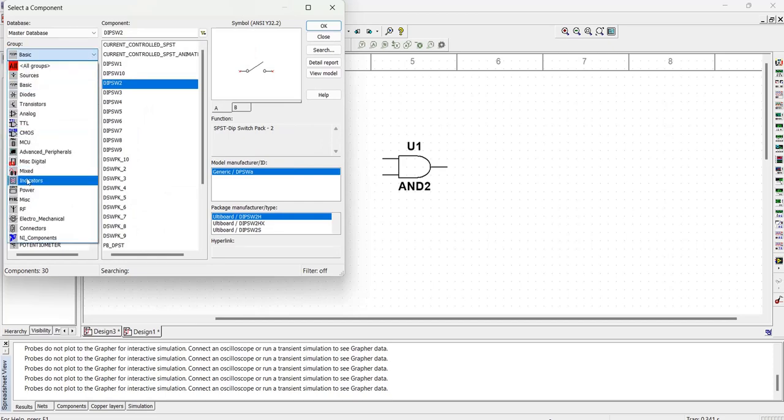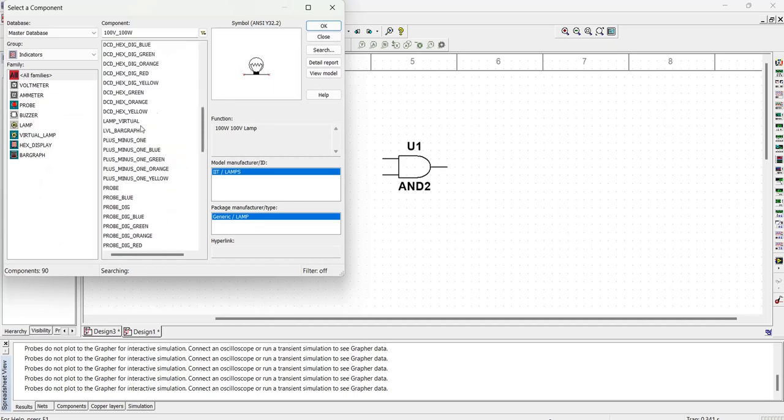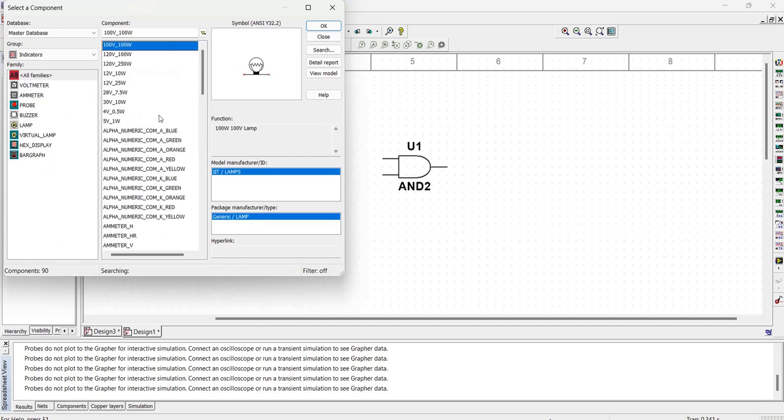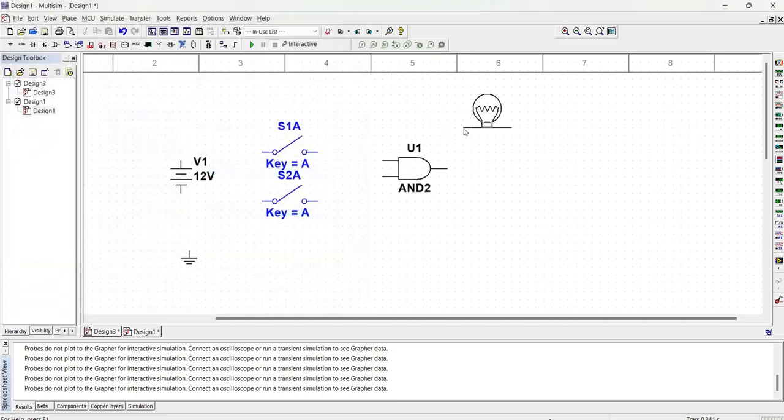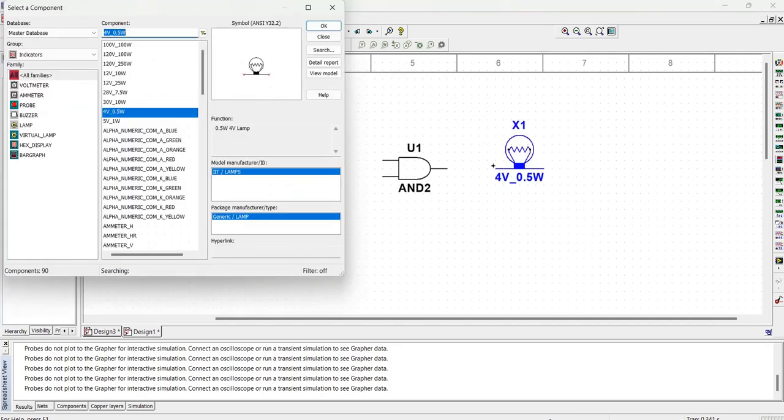Okay, we have indicators, and here we can pick this bulb of 4 volts, 0.5 watts, and we put it there. So we want this bulb to indicate our output when we close one switch and open the other one, or when we open all switches, so that we test the functionality of the AND gate.